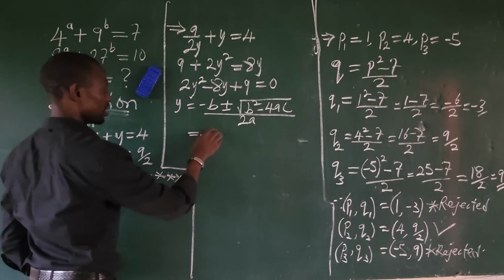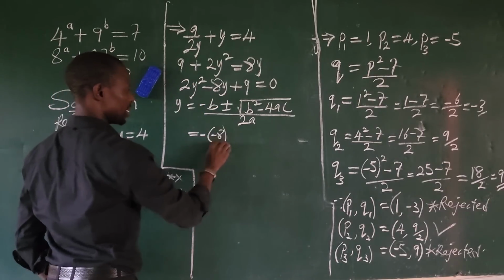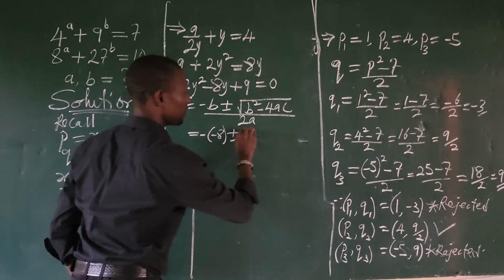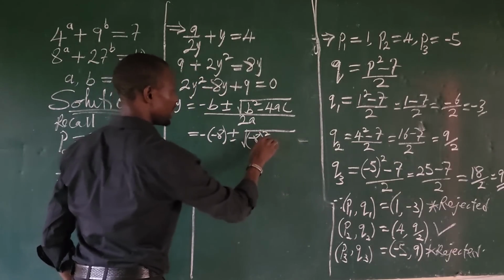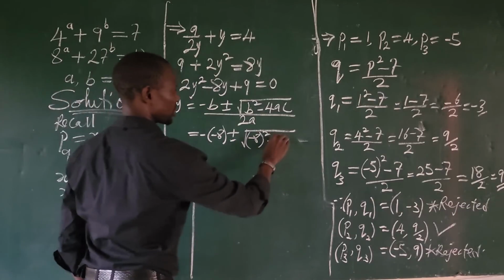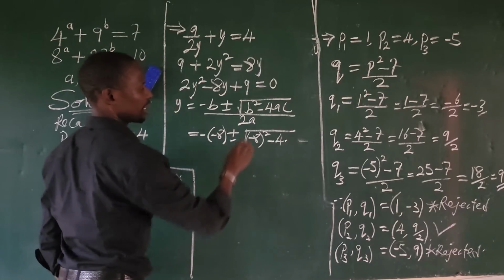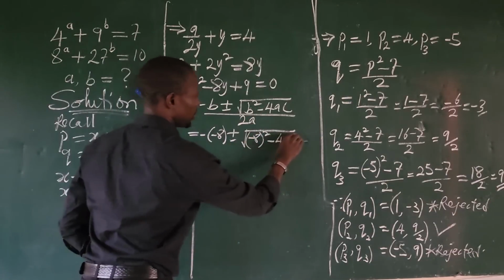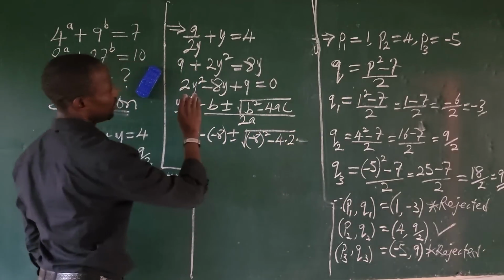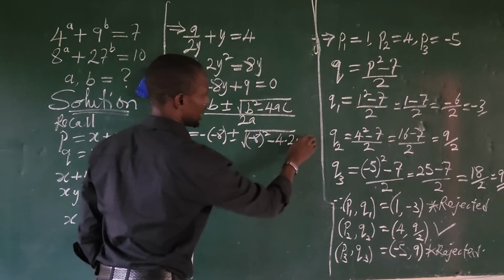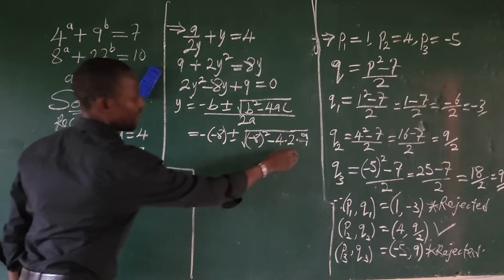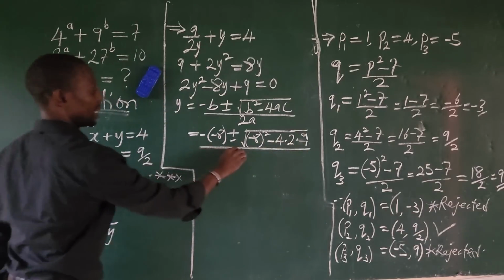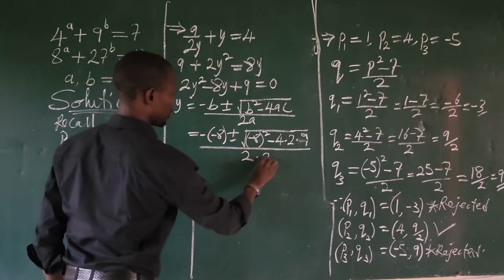So we have minus bracket minus 8, plus or minus the square root of minus 8 all squared, minus 4 times a, which is 2, times c, which is 9. Everything here all over 2 times 2.